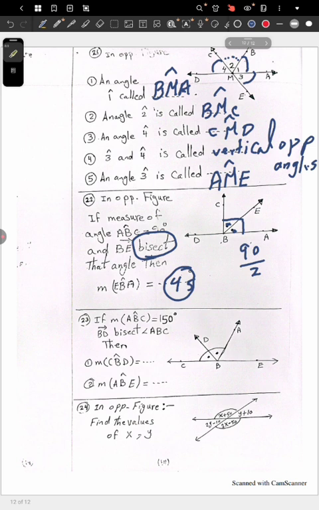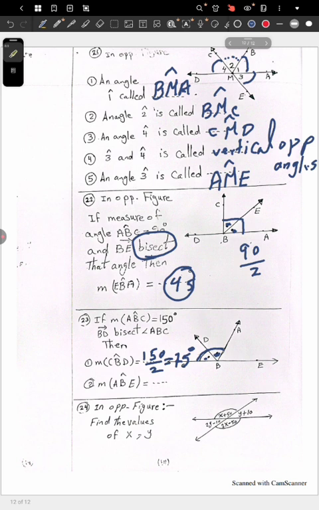Okay. In another example, number 23, the measure of the angle is 150. Okay. How can we find each angle, this angle and this angle? ABD and DBC are two equal angles. How can we find that? 150 over 2 equals 75 degrees. Okay. How can we find the other angle?